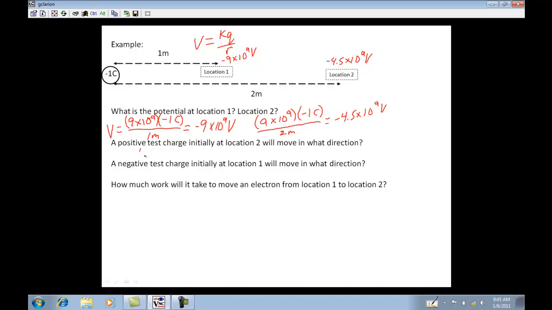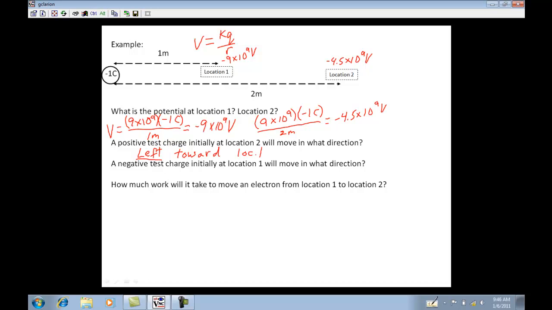It's going to move left, toward location 1, although it could keep going, right? Because remember, a positive test charge goes from a high potential to a lower potential. So that's why it has to go left.